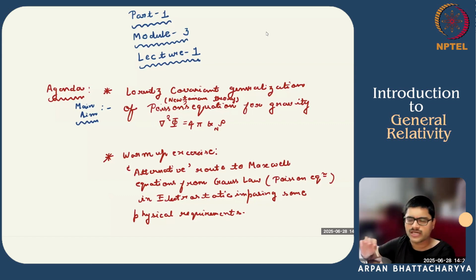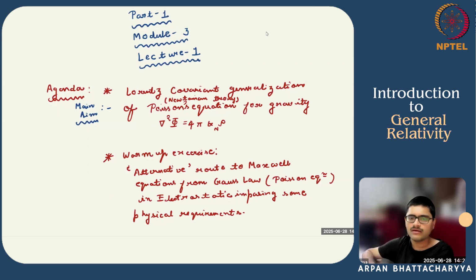We will impose certain physical conditions on it and try to see whether we get Maxwell's equation or not. And in the process, we will learn some interesting lessons which will be useful when we do this same exercise for the Poisson equation for gravity.